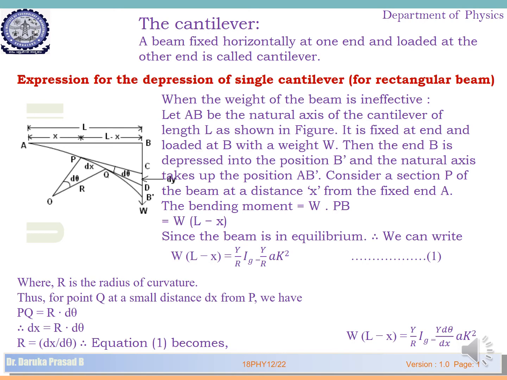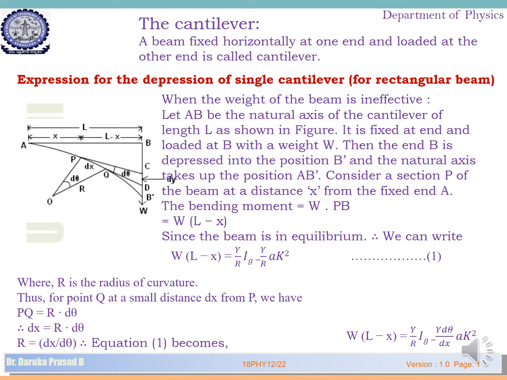Let us consider that the weight of the beam is ineffective here; the mass or weight of the beam is not so high. Let AB be the neutral axis of the cantilever of length L, as shown in the figure. It is fixed at one end and loaded at the other end, at point B, with a weight of W. Then the end B is depressed to a new position B dash, and the neutral axis takes up the position AB dash.